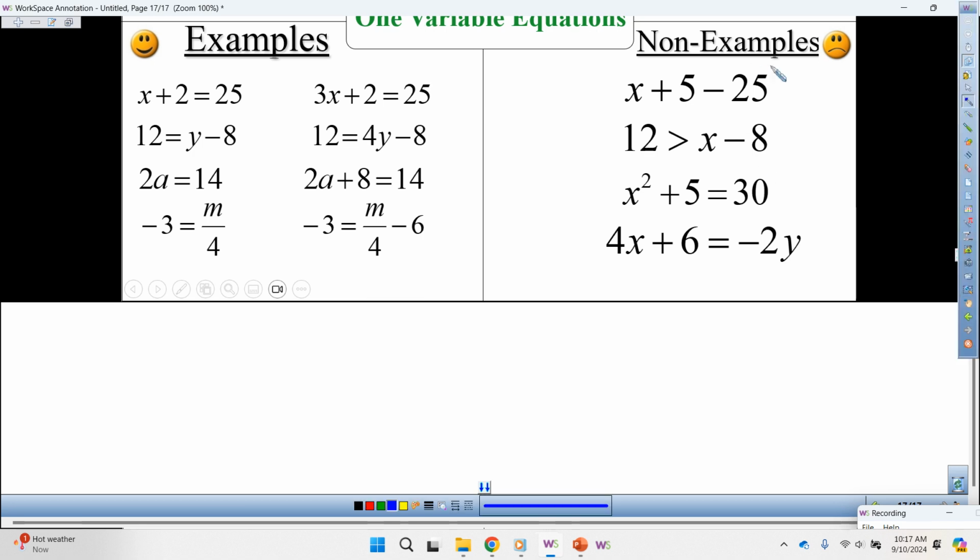All right, let's see. Get us started, Mia. Why is this one not a one-variable equation? Dayeli, help her out. It has a variable. Alessandra.